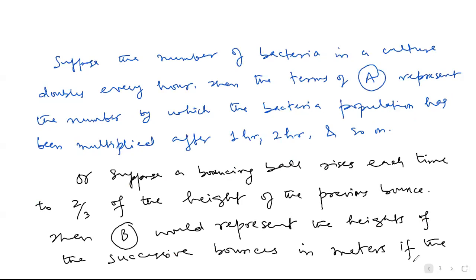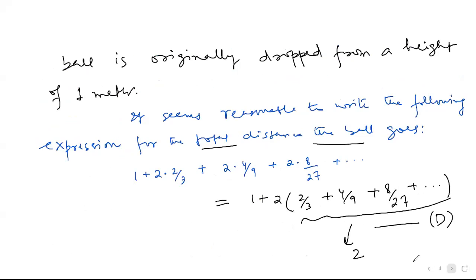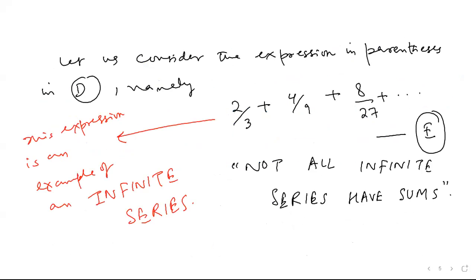Then we said that if we talk of the total distance the ball goes, we can write this expression for it. Then this parenthesis is an example of an infinite series. And we said all infinite series do not have sums.